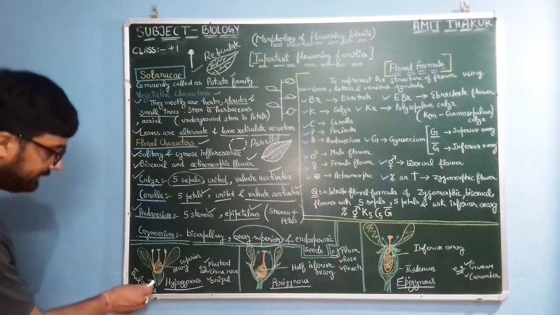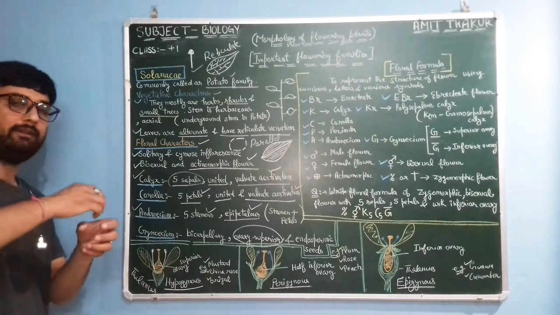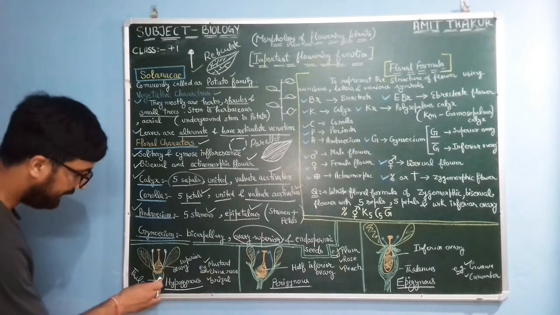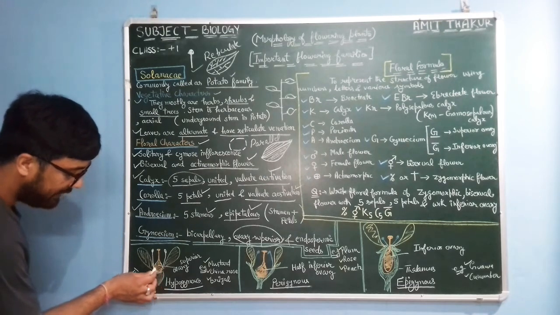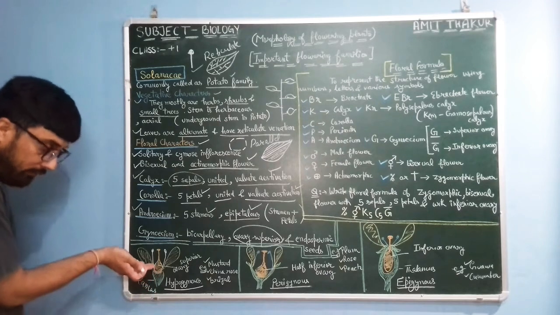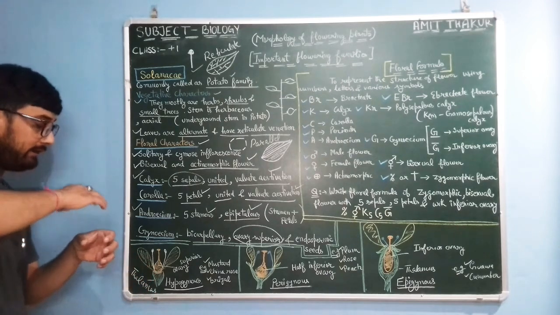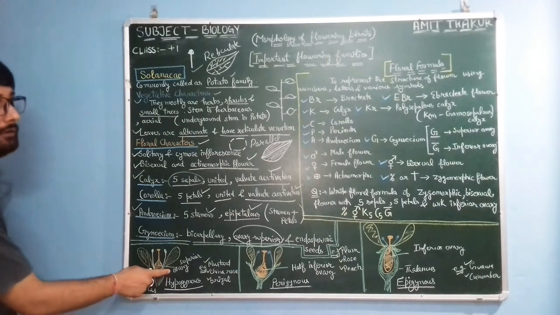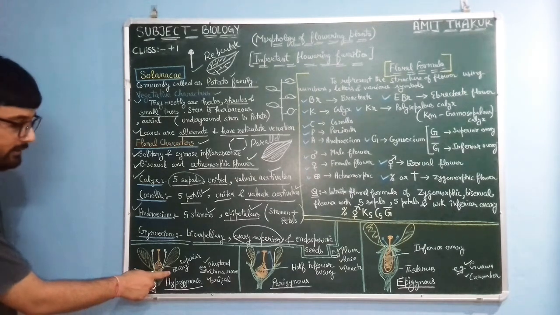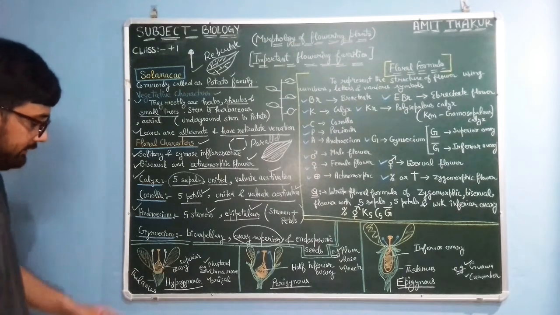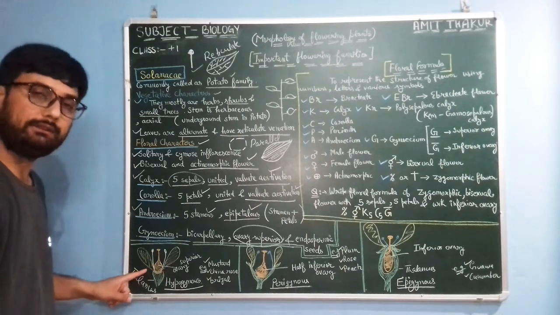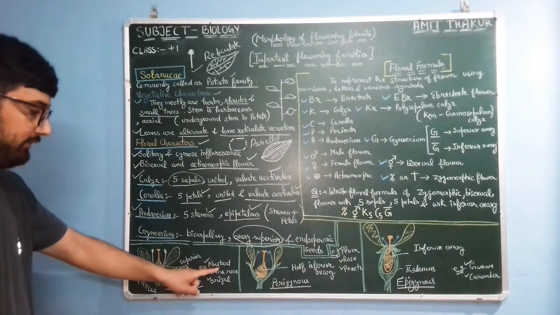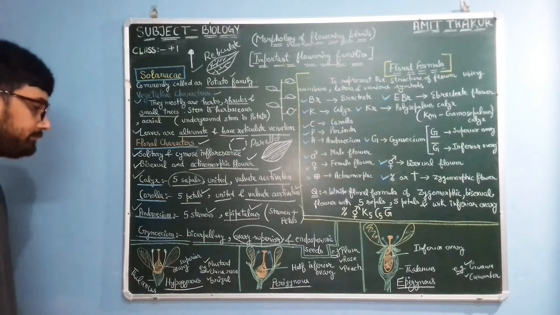Hypogynous means this is the thalamus, and the ovary lies just above the thalamus. That's why this is known as superior ovary. This is visible and lies above the thalamus. So this is known as hypogynous flower. Examples: mustard, China rose, and brinjal.